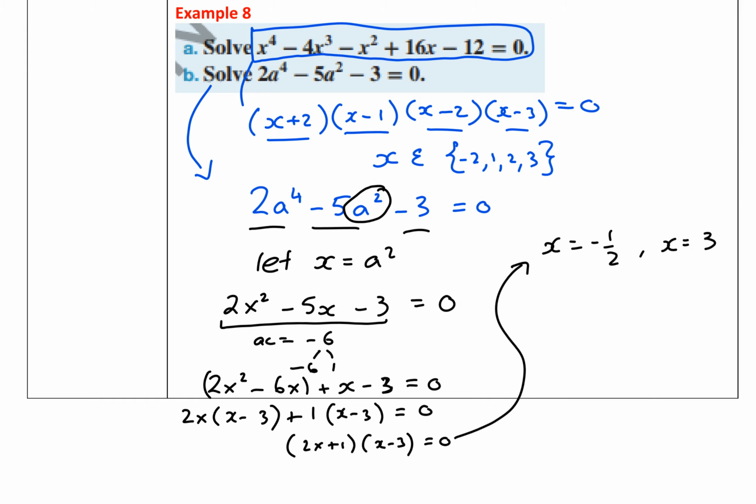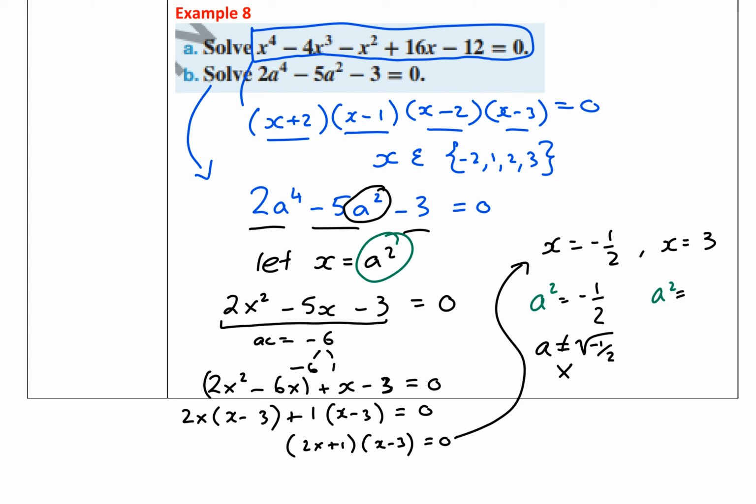But when I resubstitute for a squared, something squared can never be negative a half. I can't have taken a number, multiplied by itself and got a negative answer, because two negatives make a positive. Another way to think about this is a can't be equal to the square root of a negative number. So we have to ignore those solutions.